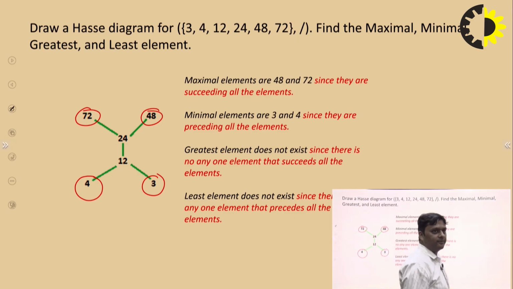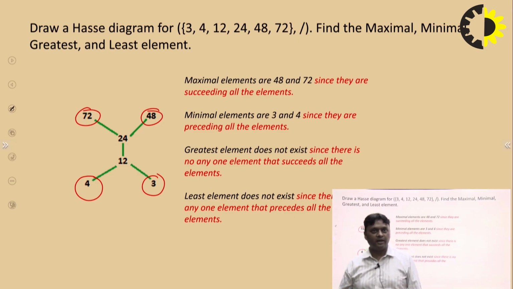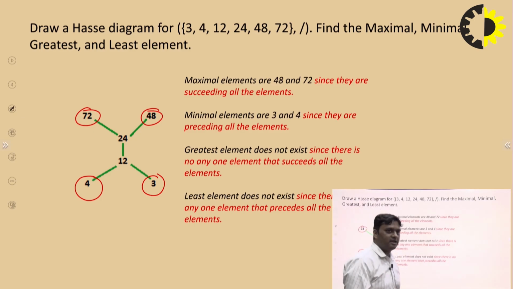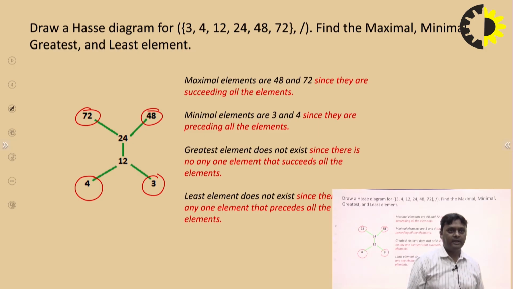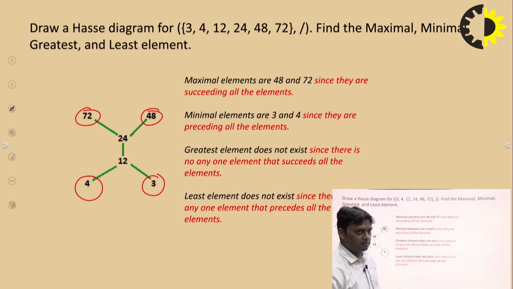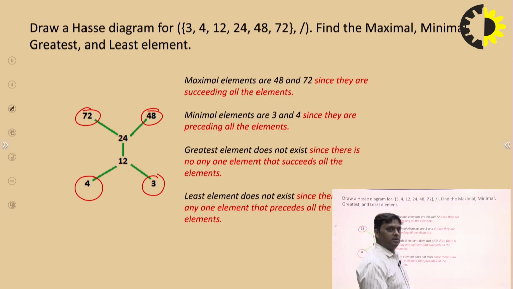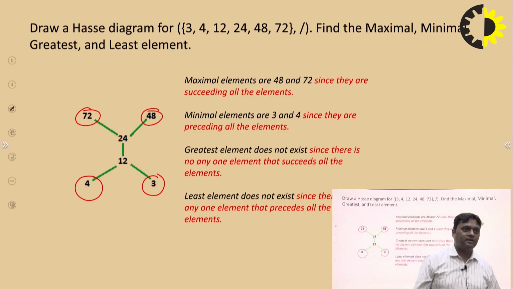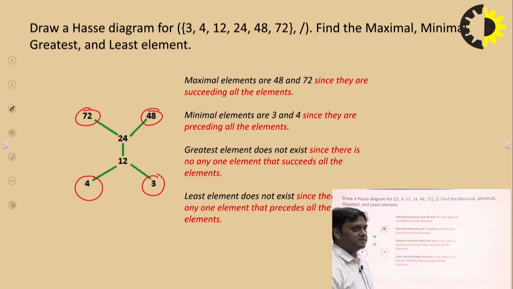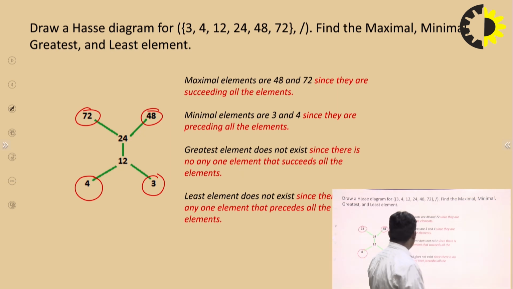So the minimal elements are 3 and 4, and the greatest element does not exist here because the greatest element should be unique, since there is no one element that succeeds all the elements. And the least element does not exist here because it should also be unique.